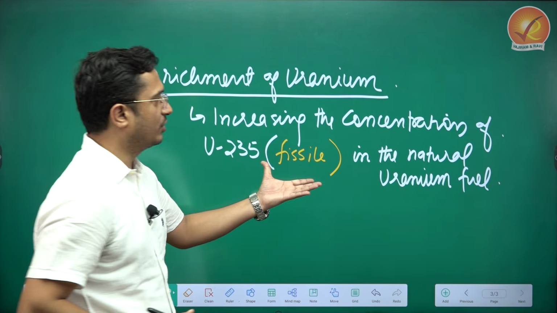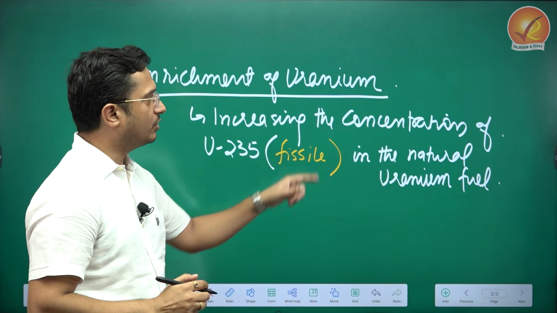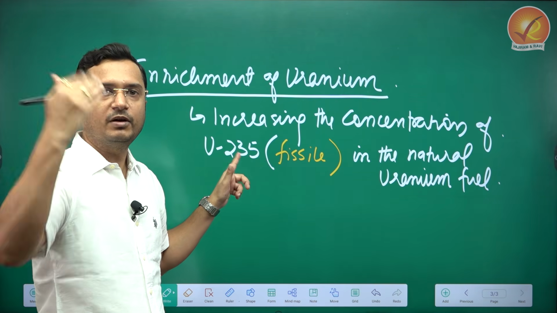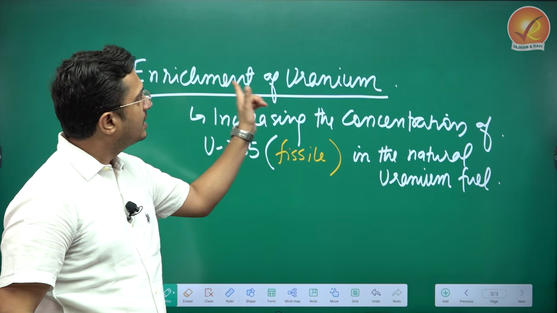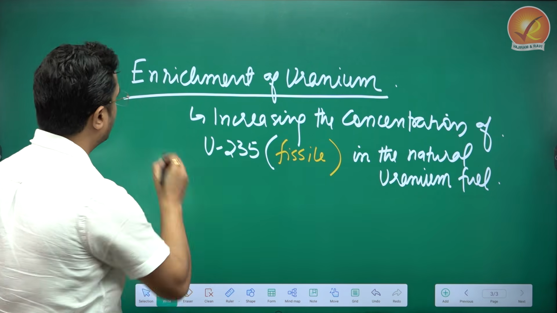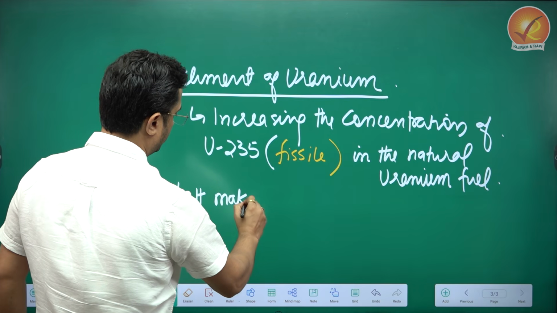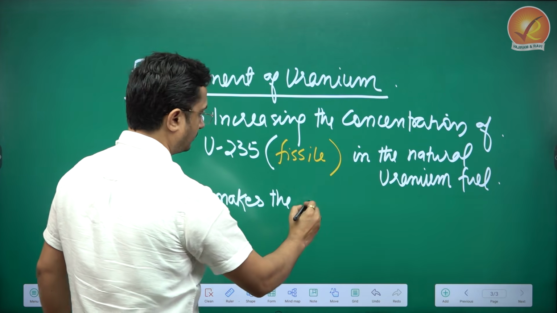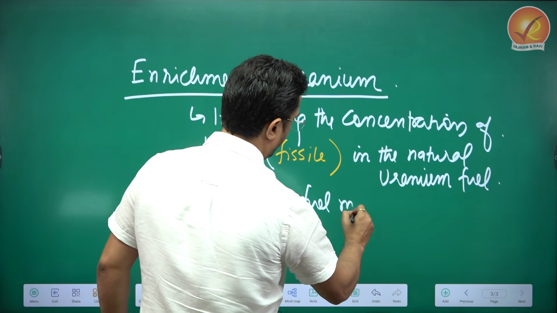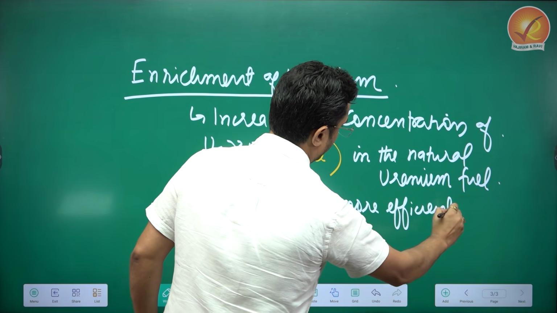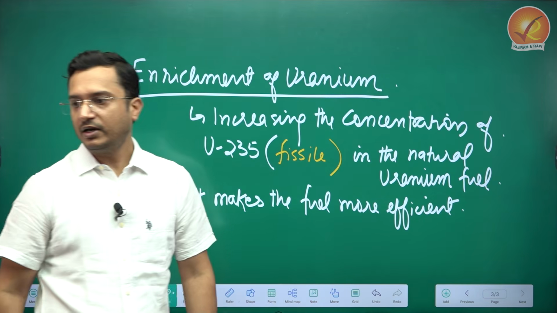Increasing the percentage of uranium-235 from 0.7% to anything above it is called enrichment of uranium. Why do we do this? It makes the fuel more efficient.